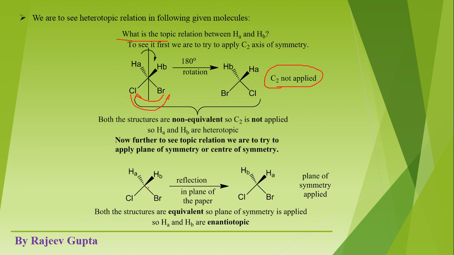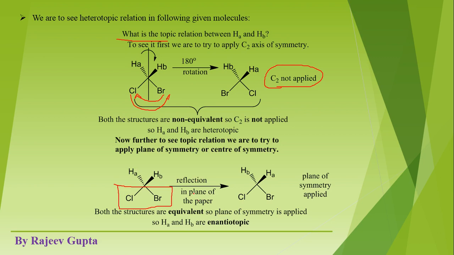So we can apply here a plane of symmetry. A plane that bisects these chlorine, carbon and bromine atoms in between, just like a sandwich, and these HA and HB form mirror images of each other.